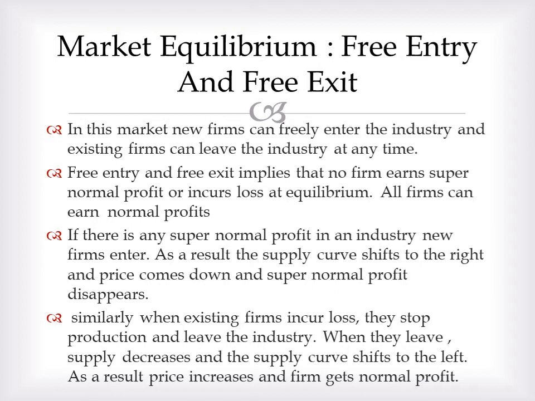When they leave, supply decreases, the supply curve shifts to the left, and due to that the price increases and the firm gets normal profit. That's why no firm earns supernormal profit or incurs loss at equilibrium under free entry and free exit. All firms are enjoying normal profits.